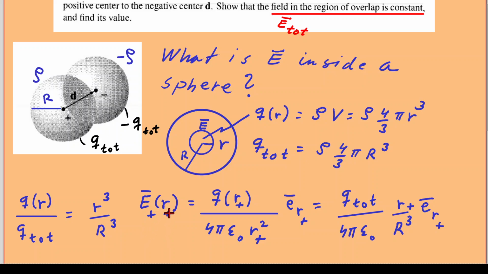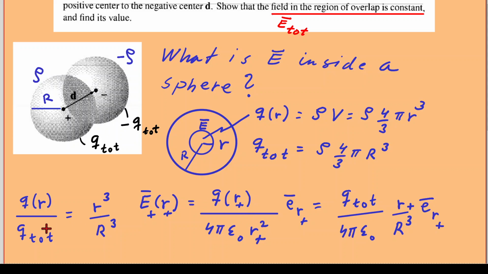And now you can calculate the electric field from the positively charged sphere at a certain distance from the center, r plus. So if we call that r here, for example, r plus. And according to Coulomb's law it is 1 over 4 pi epsilon naught, and then r squared, the r plus we call it here.